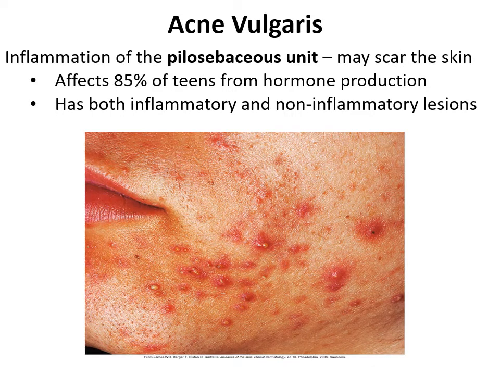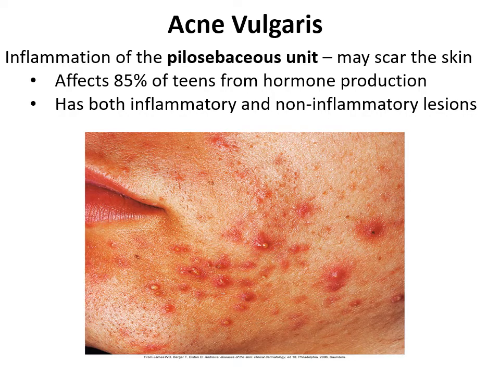Okay, so let's go on and talk about acne, and the full term is acne vulgaris. And this is inflammation of the pilosebaceous unit. So what's the pilosebaceous unit? Well, basically the pilosebaceous unit is made up of the hair follicle and the erector pili muscle and the sebaceous gland.